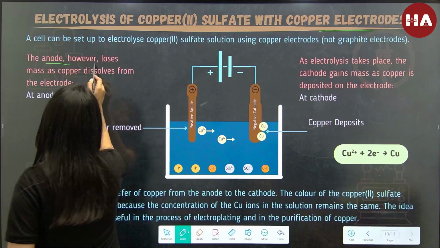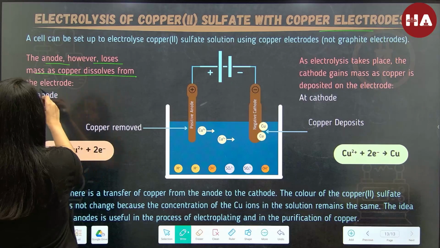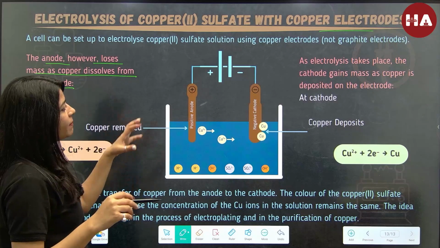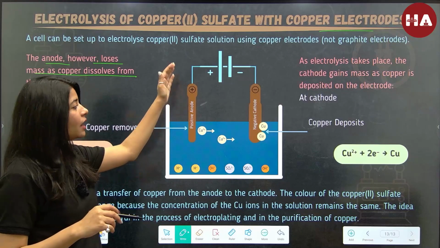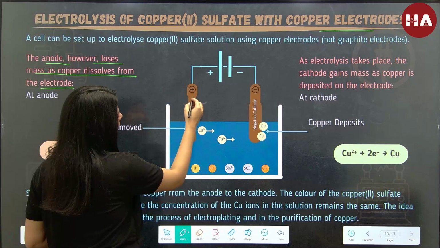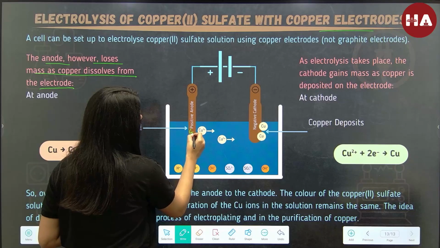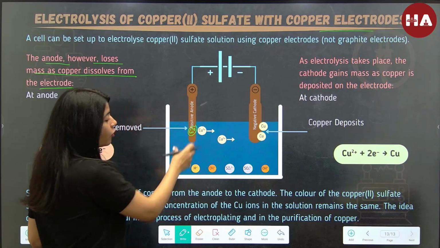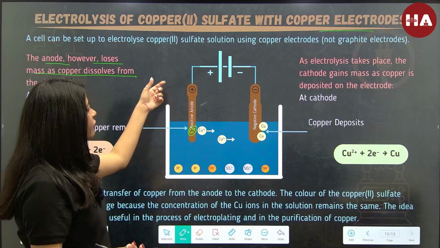The anode, however, loses mass as copper dissolves from the electrode. So when we pass the current in this circuit, what will happen? The ions which are present at the anode, which are Cu+2 ions, because it is made up of copper only, right? So it is made up of copper strip only.